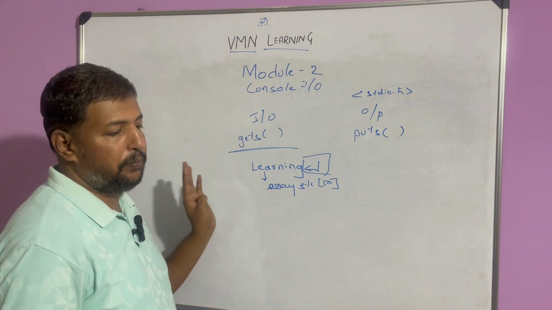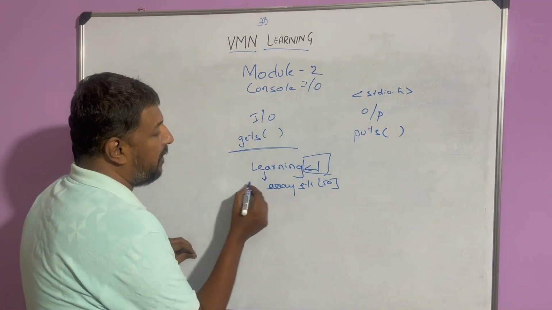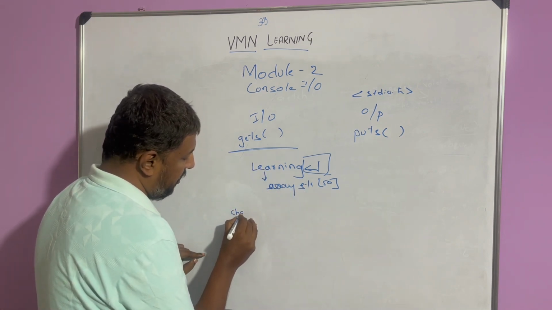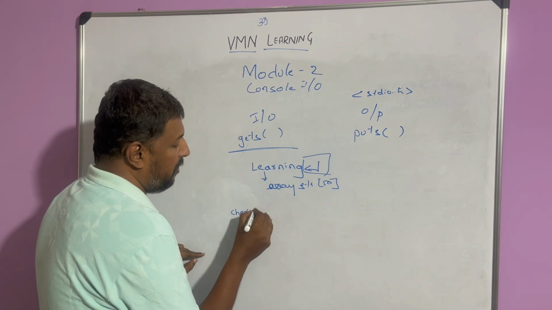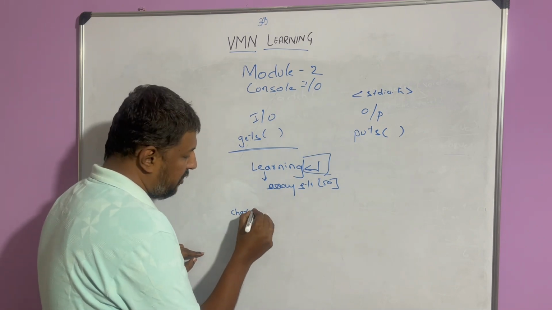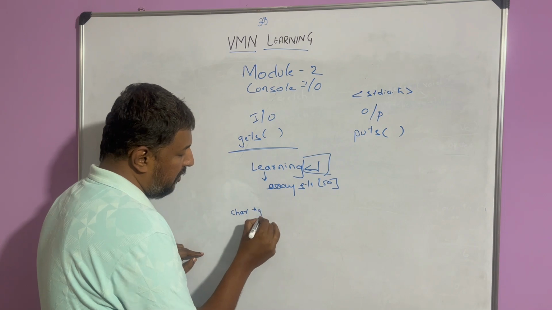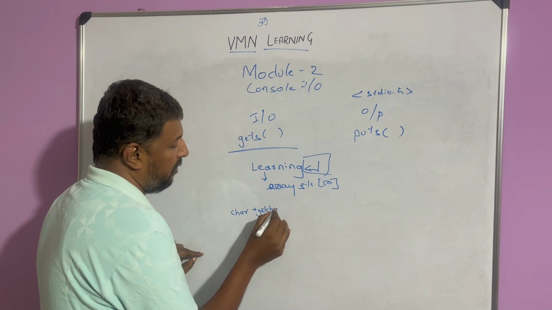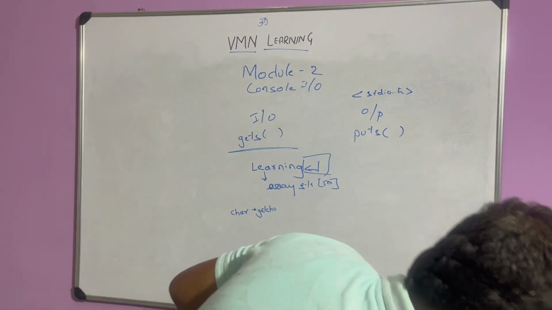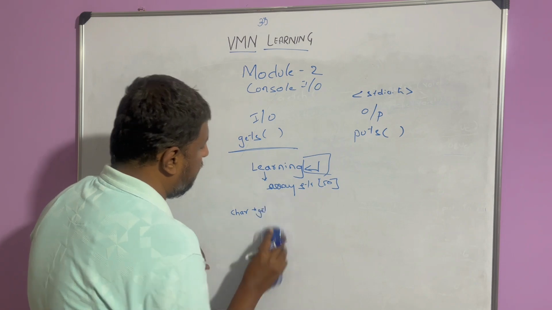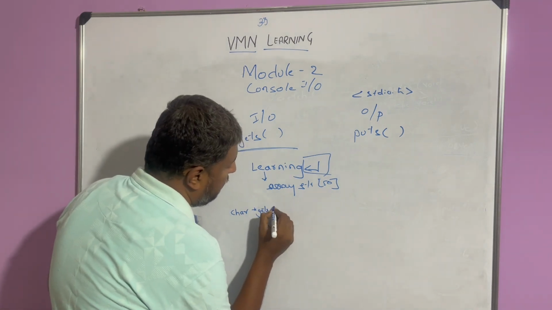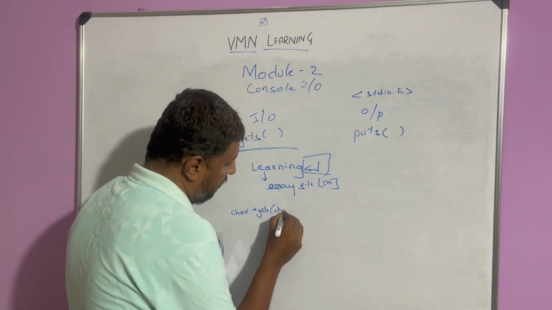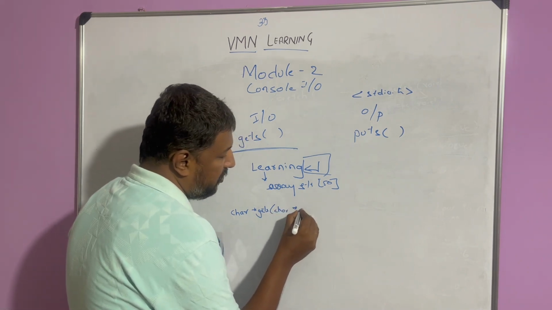Hence the prototype for this returns a character pointer: char star gets, taking a char array, a string.